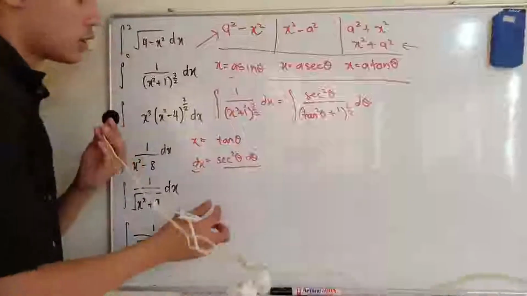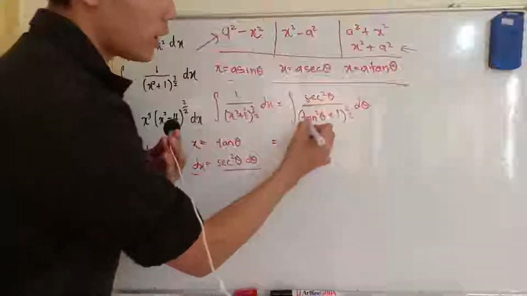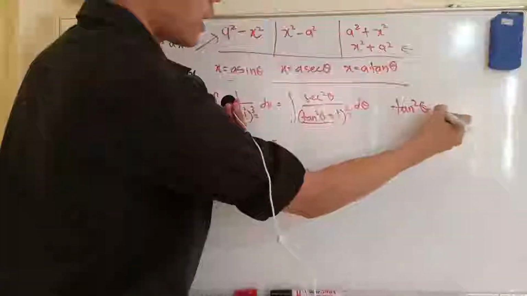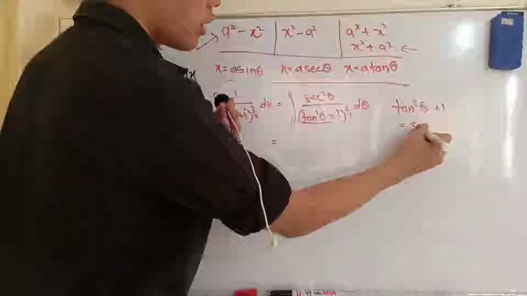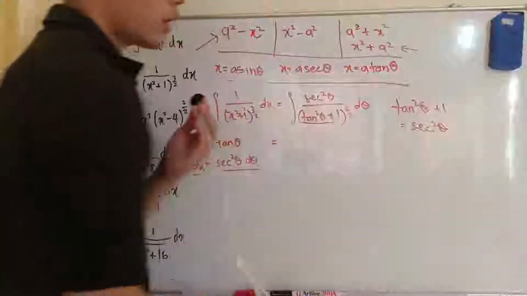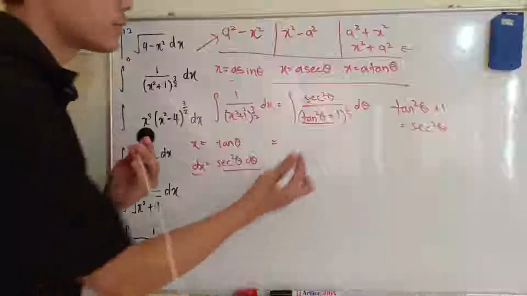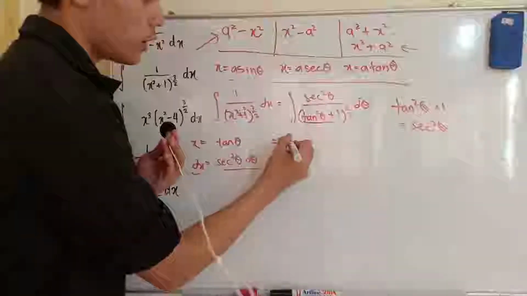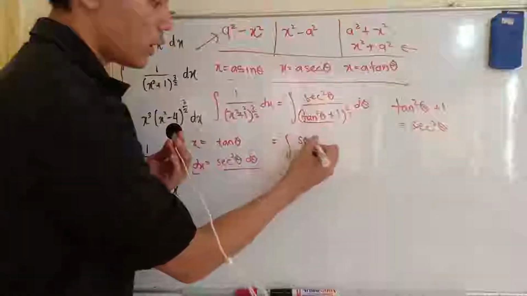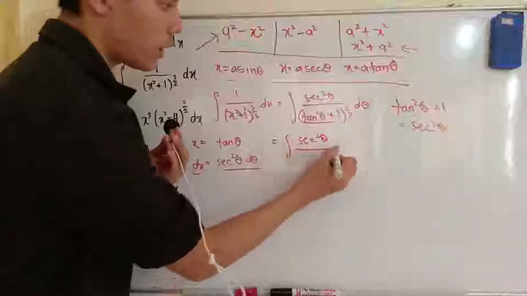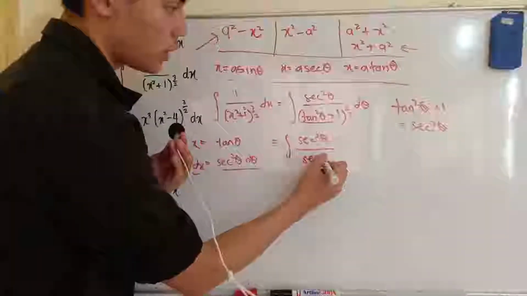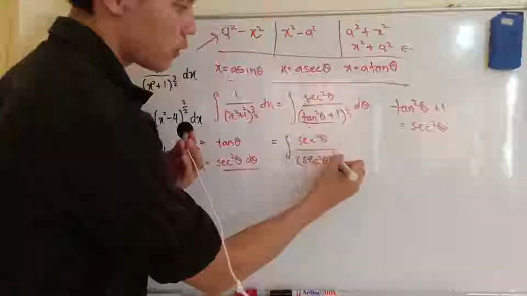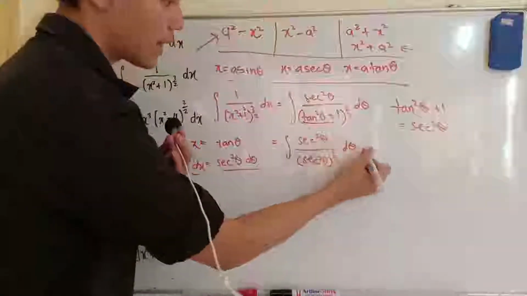After that, tangent square theta plus 1, actually, is secant square theta. So you just substitute in. Here it is going to be secant square theta over secant square theta to the power 3 over 2 d theta.